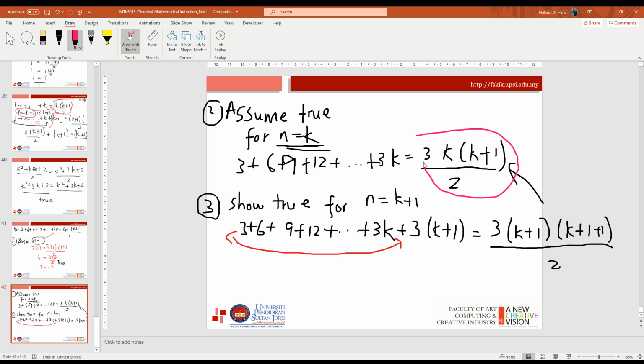Represented by this one. So nanti kita ada 3k(k plus 1) divided by 2. Okay, lepas tu nak buat apa?